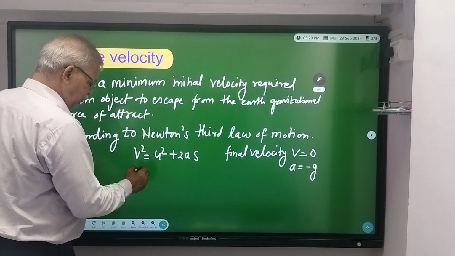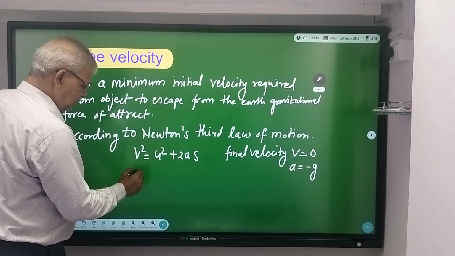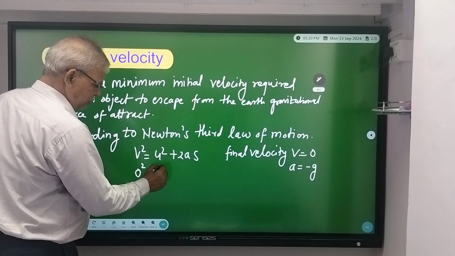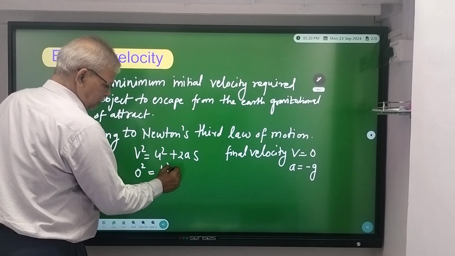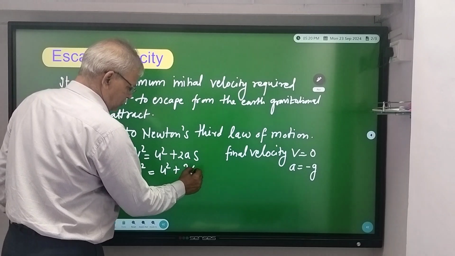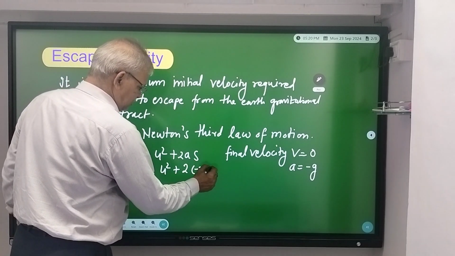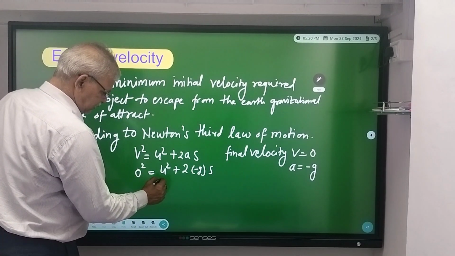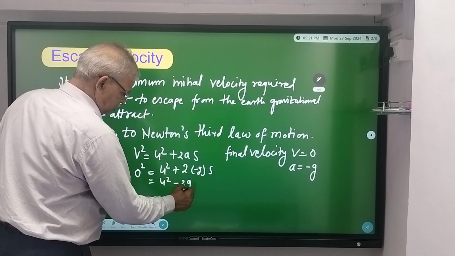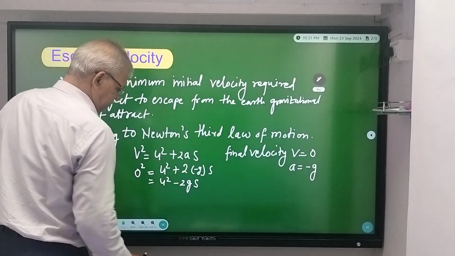Substituting these values here, 0 is equal to U square plus 2 here minus G as, that is U square minus 2Gs.